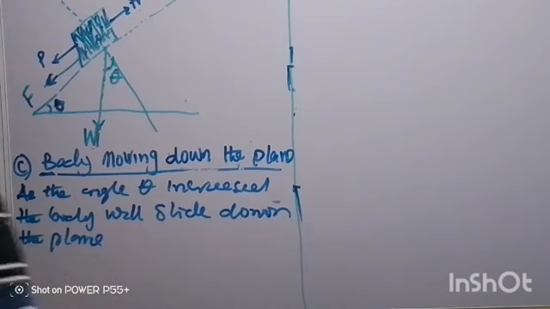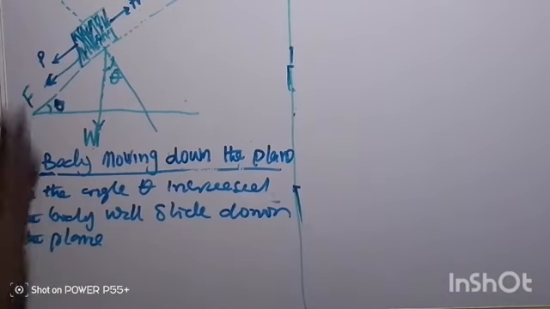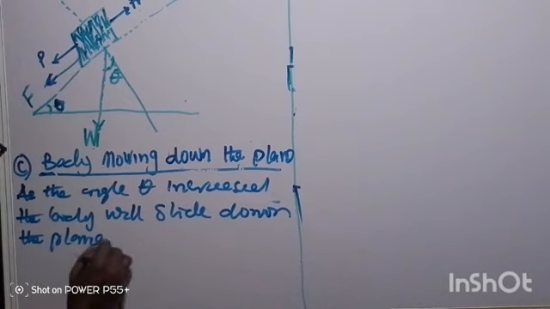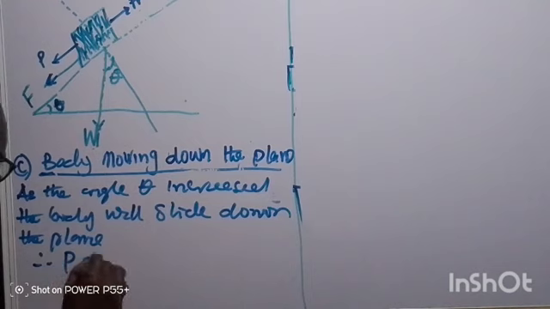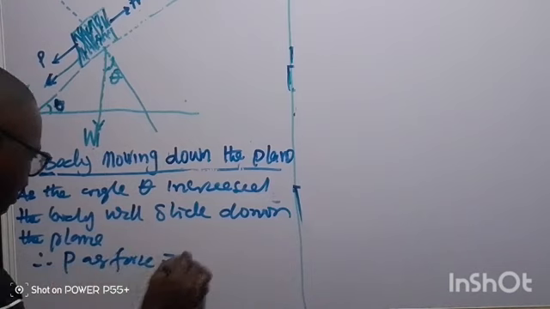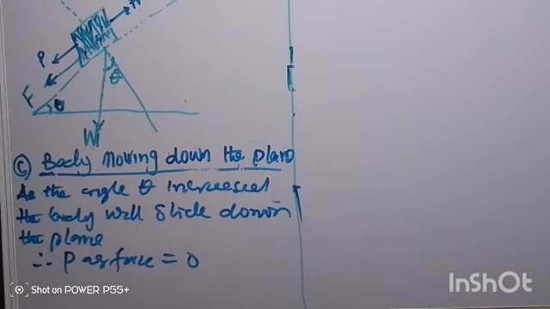And if the body slides down the plane, it means this force P, the applied force, will be equal to 0. You don't need to apply any force. So P will be equal to 0.